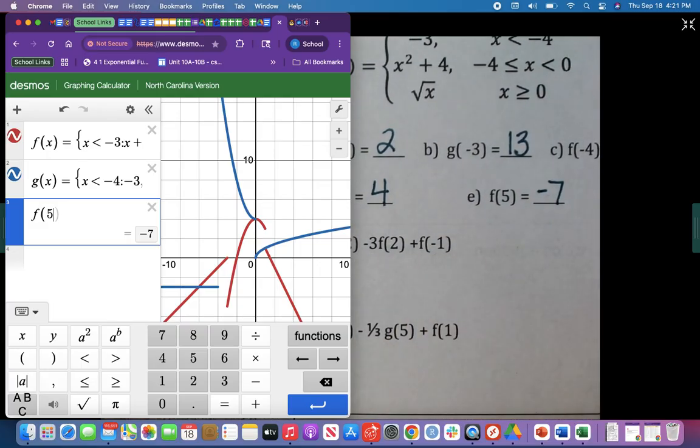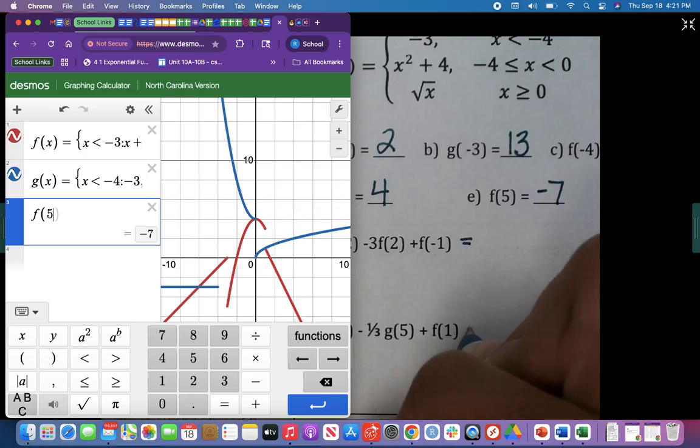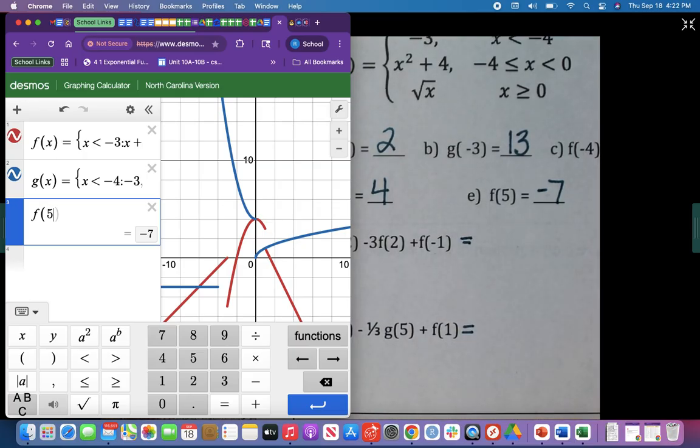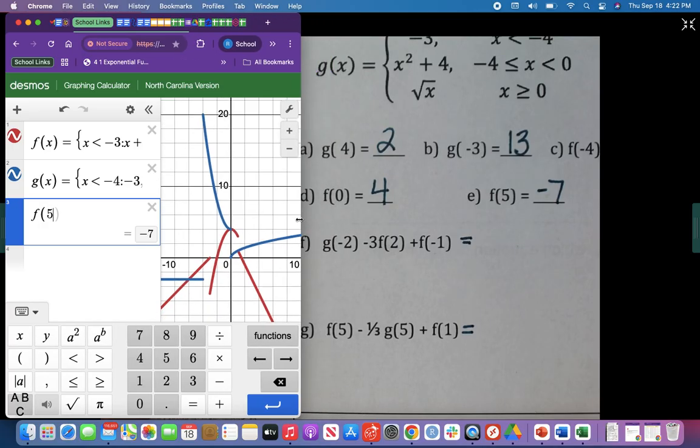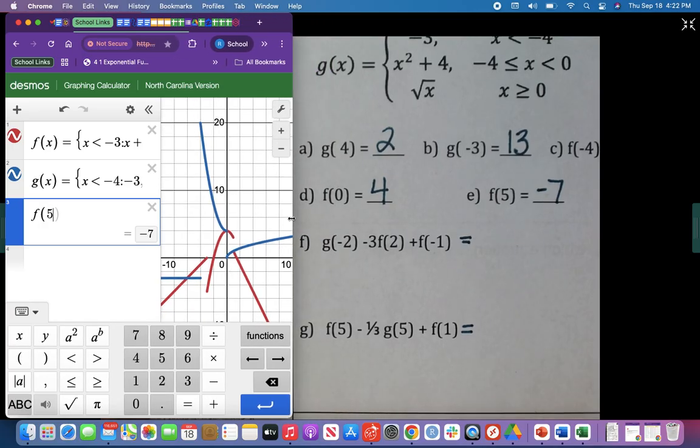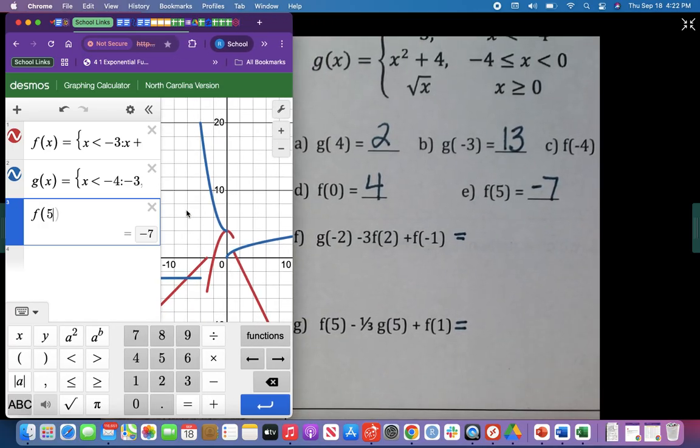And then your multi-step. Let me scooch this over just a little bit. All right, so I want G of negative 2 minus 3 times F of 2 plus F of negative 1.